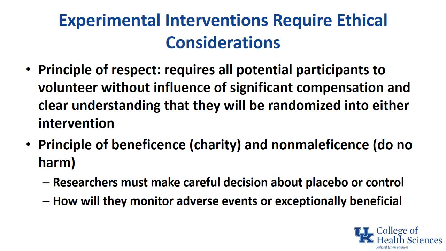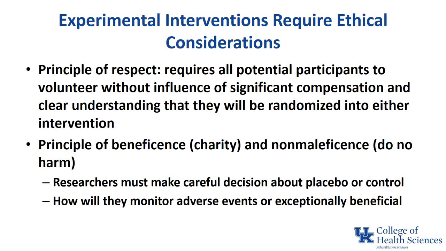Obviously, all the IRB components, principles of respect, principles of charity, non-malfeasance, do no harm, all have to be considered as you're developing the protocol and procedures. So, respecting individuals that want to participate and understanding that not everybody is comfortable being randomized into an intervention.